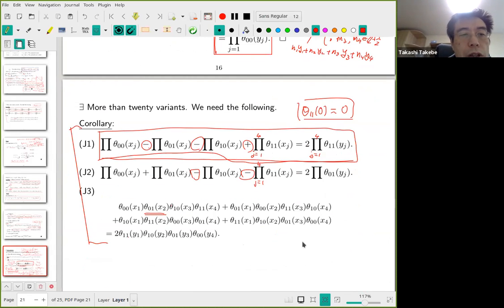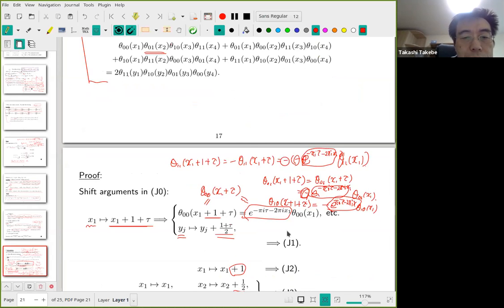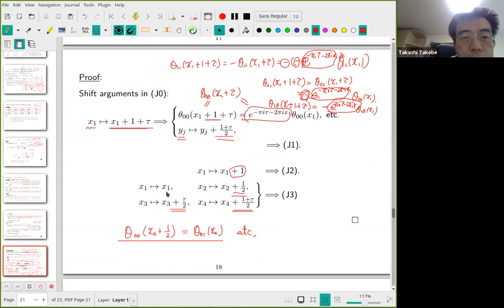And the more complicated looking variant is this. Actually, the proof is almost the same. We just shift all variables.